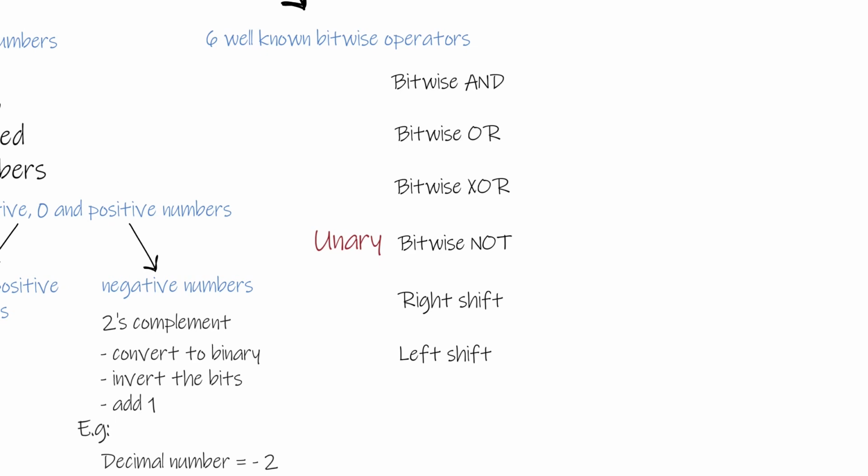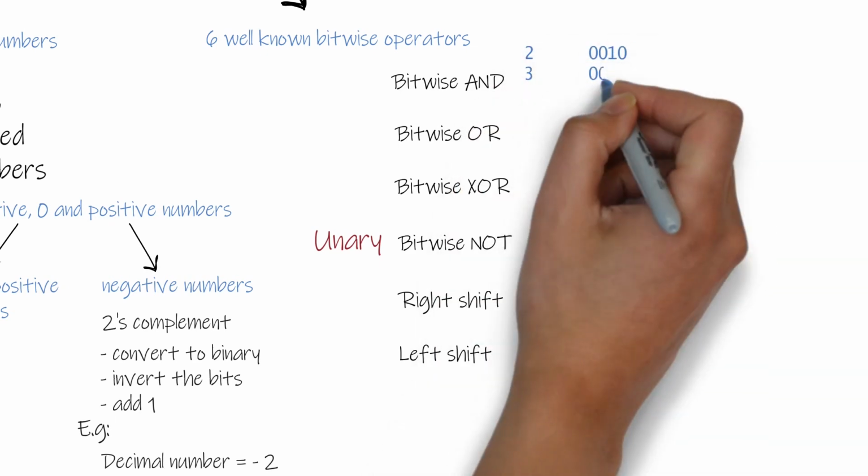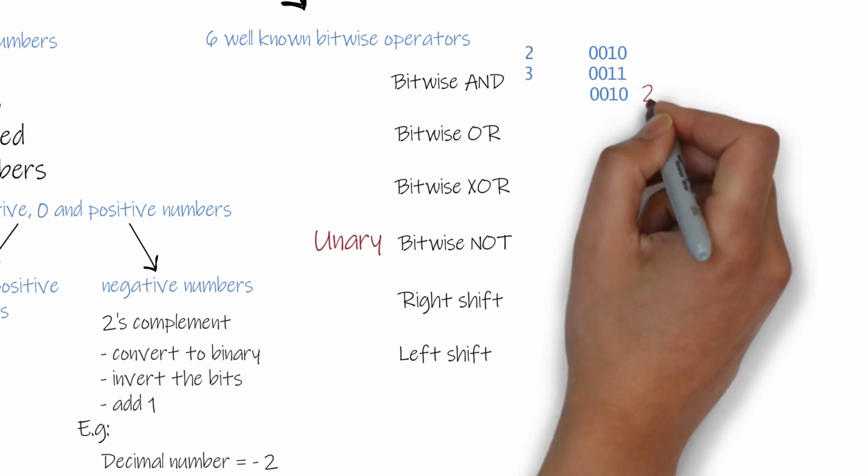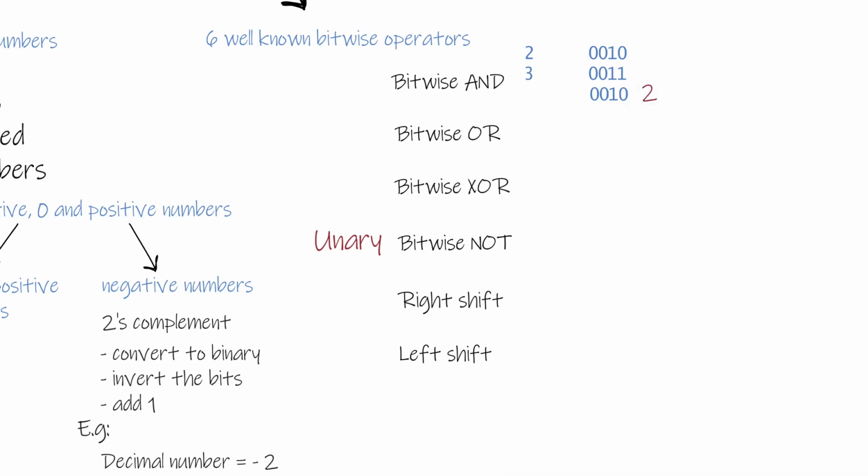Here we are applying bitwise AND on 2 and 3. Binary representation of 2 is 0010 and binary representation of 3 is 0011. Applying bitwise AND produces 0010, which is equal to 2. Bitwise OR produces a 0 if both bits are 0.